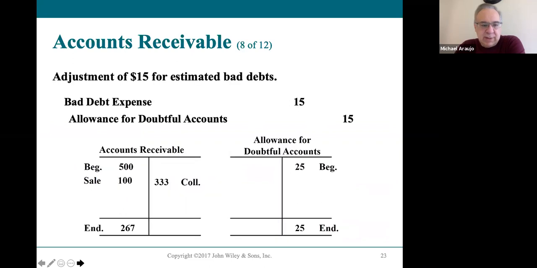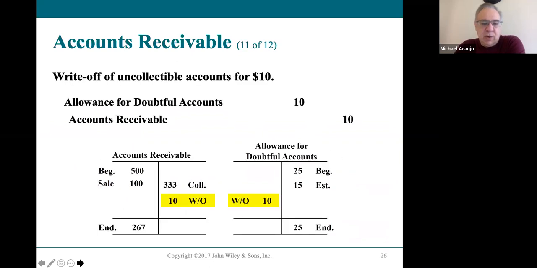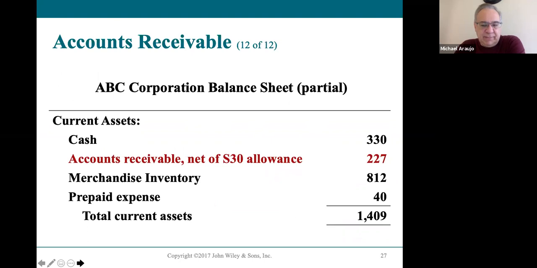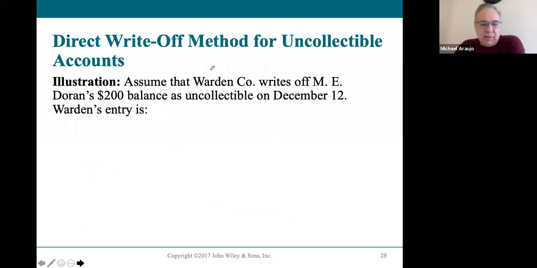I'm not going to go over this piece because, again, way too much detail for us to know. And again, I'm not doing direct write-off because it's not something that can be used in a public corporation. But how it works is if you have a company that has identified a bad debt account on a certain date.